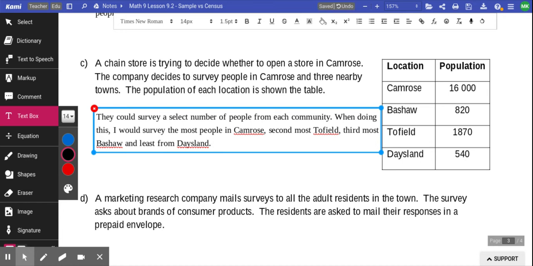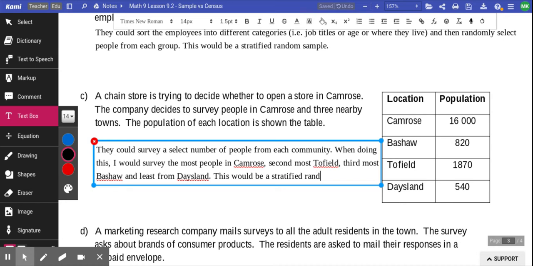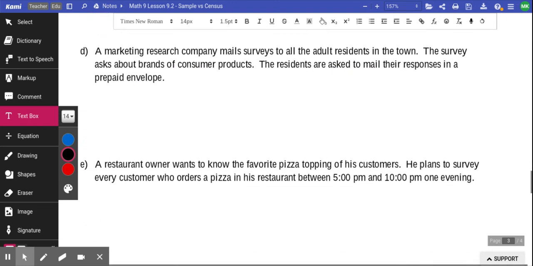Camrose has 16,000 people, so they should get the most votes, in my opinion. That would allow me to get a good sample from my population. This would be a stratified random sample, right? I've created a strategy to randomly sample people.